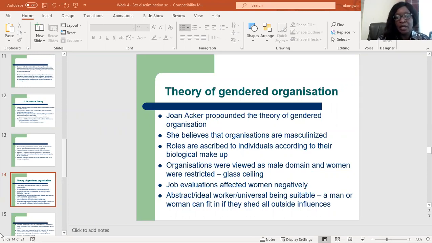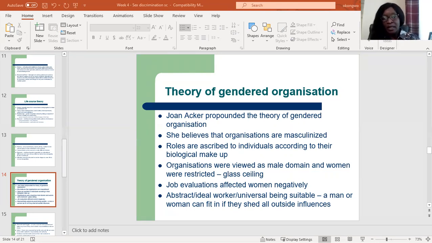Okay, so the next one is the theory of gendered organization. Joan Acker propounded this theory. She's of the view that organizations are organized along the lines of gender. Roles are shared based on gender classification, with men working outside the homes and women looking after the children.